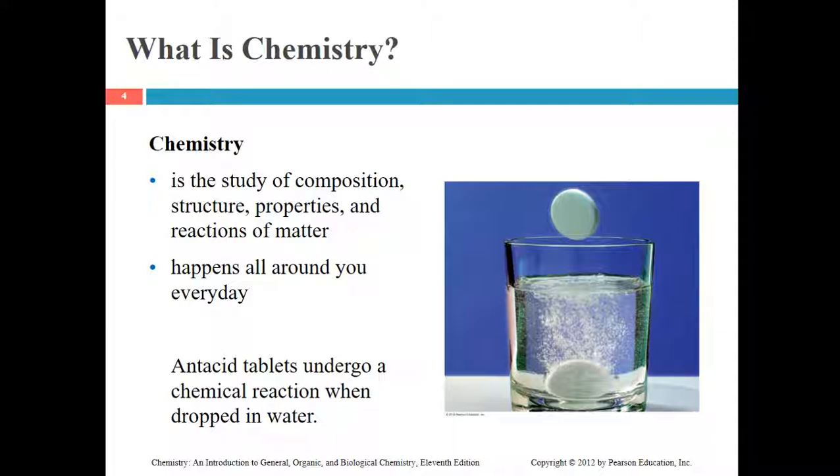Why do your tires lose a little bit of air pressure when it's cold outside? Or why do hot air balloons work? Or why does a balloon that you blow up with your air not float, yet a helium balloon does float? Anyway, chemistry actually explains a lot of what's going on all around you.